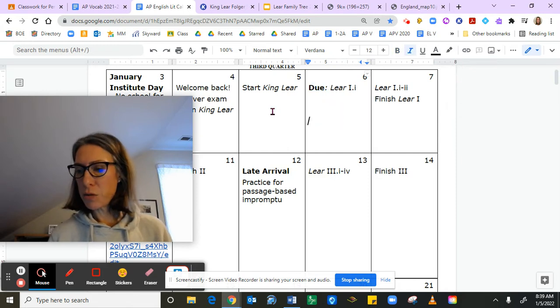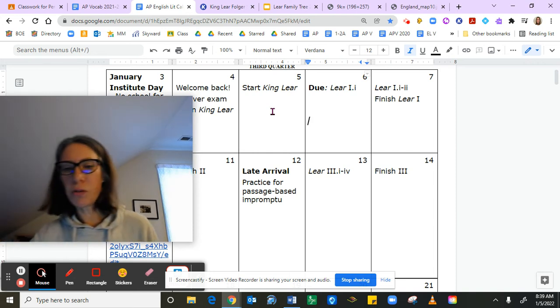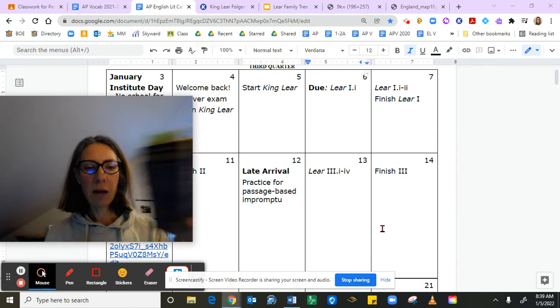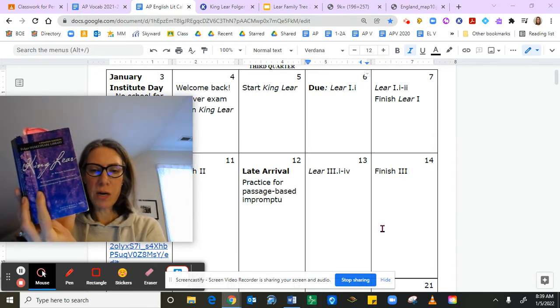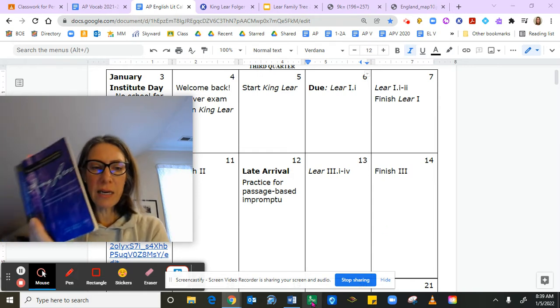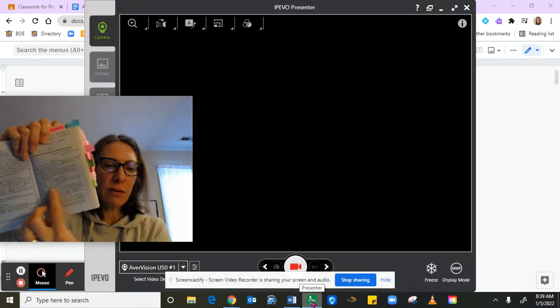I am assuming that you are familiar with the Folger editions, but that may not be a safe assumption. These are versions of the book that are used really commonly in schools. And the nice thing about them is that there's like a key, okay?